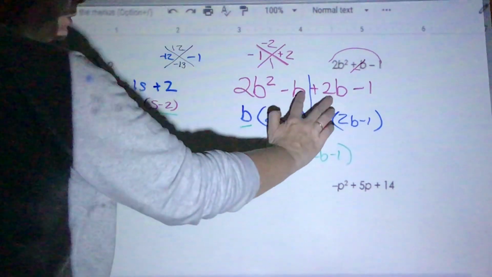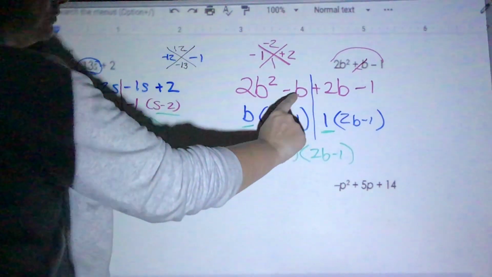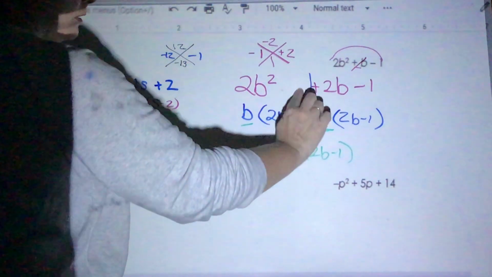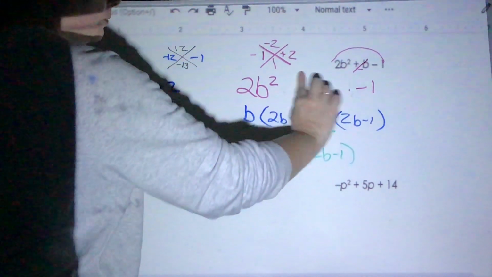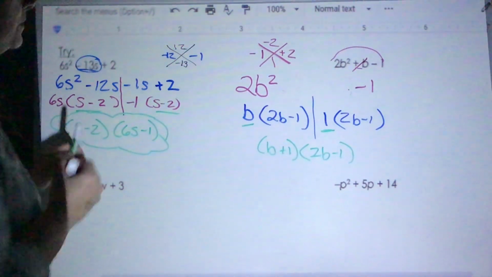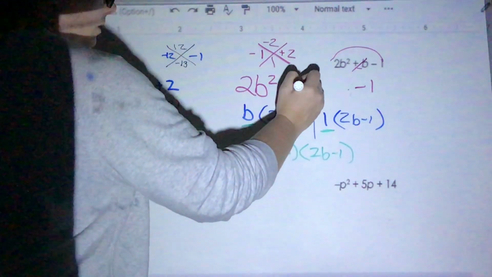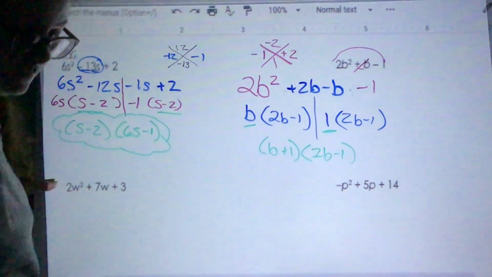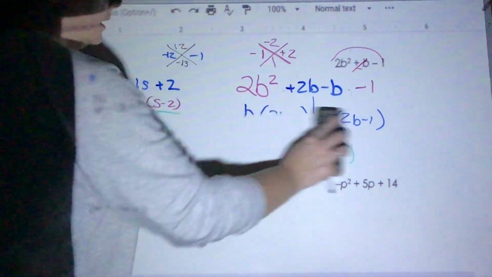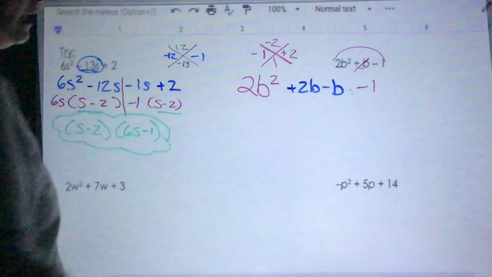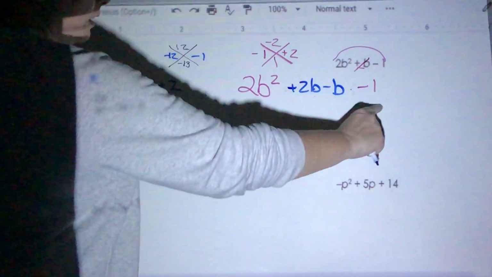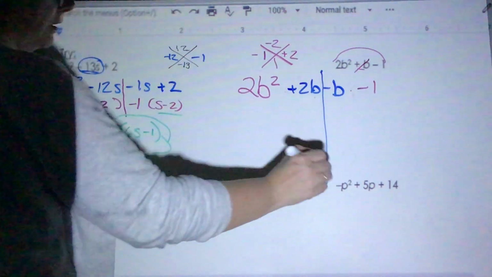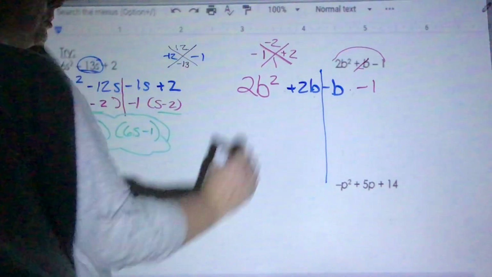Now, if you had switched these two terms and decided to write plus 2b and then minus b, you would still get the same exact answer. So if you were starting to set it up that way and then switched it because I didn't, it doesn't matter, because now I have this 4-term polynomial that I'll split. And now on this side, I do have a GCF.